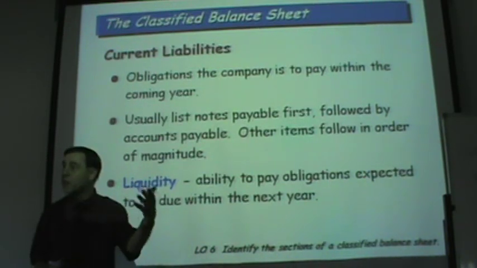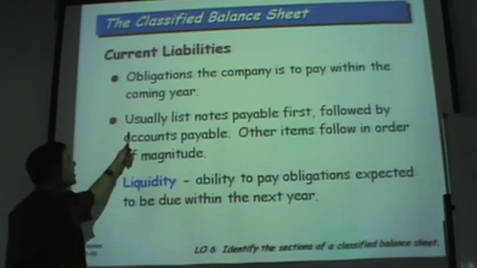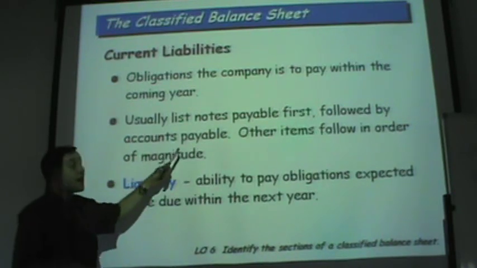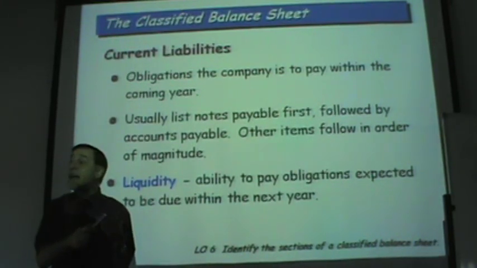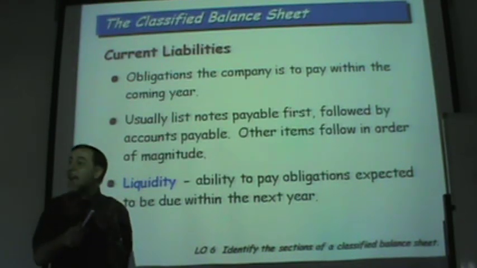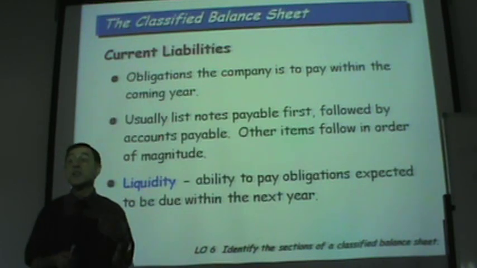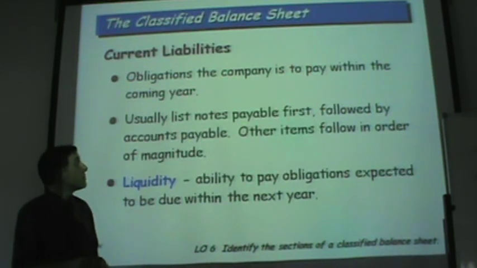It usually has notes payable first, then you have accounts payable, then salaries payable, taxes payable, whatever payable you have to pay within the next 12 months, you put it in here, okay?